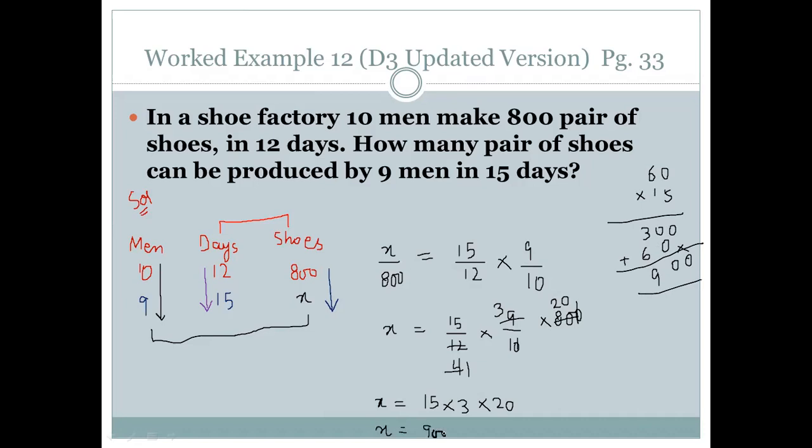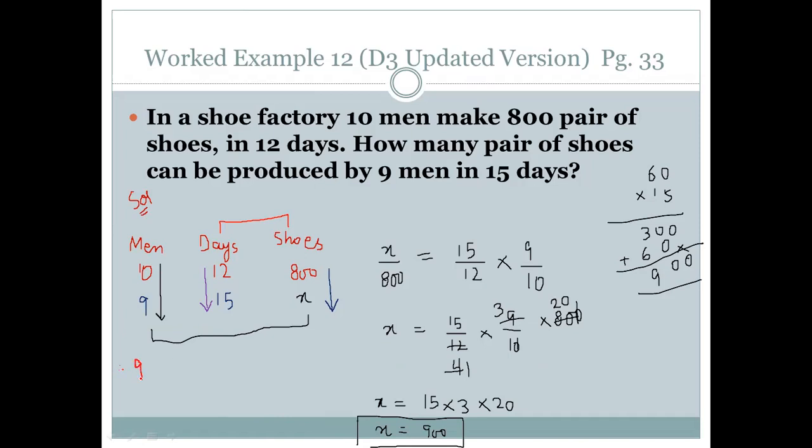So it means that 900 pairs of shoes can be produced by 9 men in 15 days. I hope this thing is clear to you all. You can write a statement as well at the end like this. I can write over here for you all.